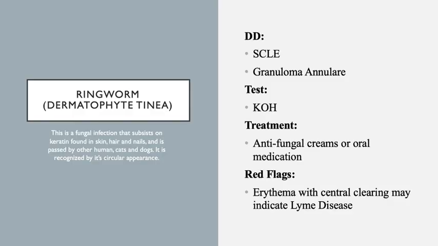Differential diagnosis for ringworm includes subacute cutaneous lupus erythematosus. It often manifests as annular or polycyclic erythematous scaly plaques on sun-exposed skin. Also, granuloma annulare, which is a benign inflammatory condition that classically presents with 1 or more erythematous or violaceous annular plaques on the extremities.